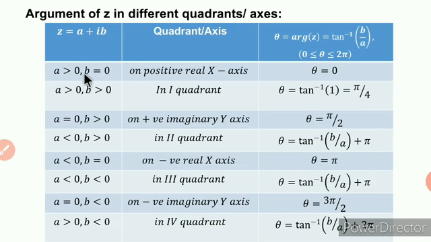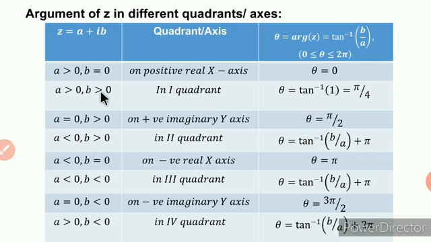That means when A is positive and B is 0, the point is on the positive real axis and theta is 0, meaning the argument is 0.